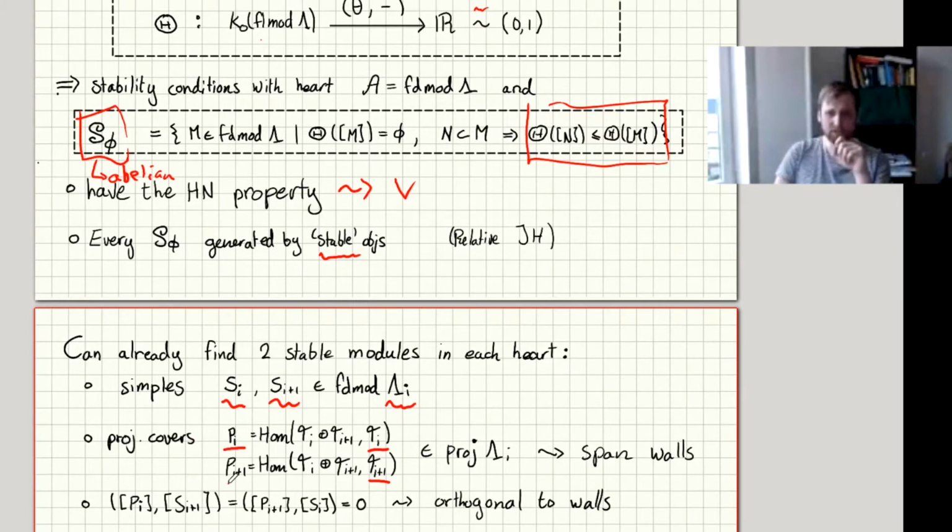So the projective covers of these simples are the images of the summands to which they correspond under this tilt.